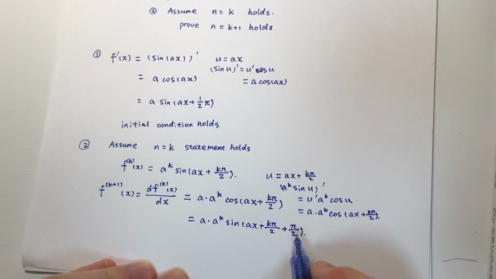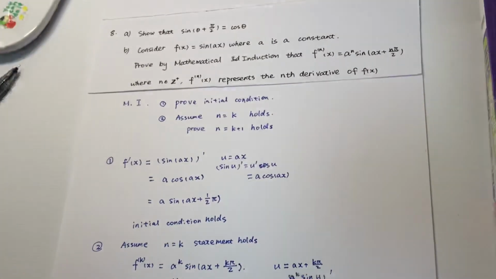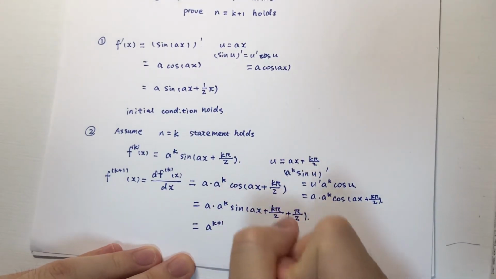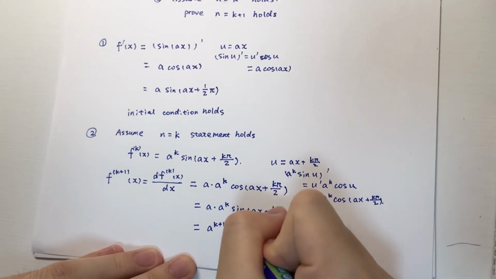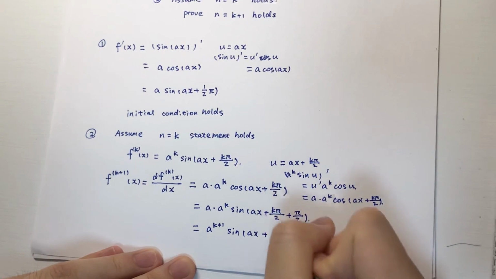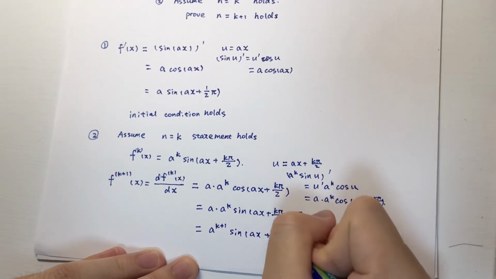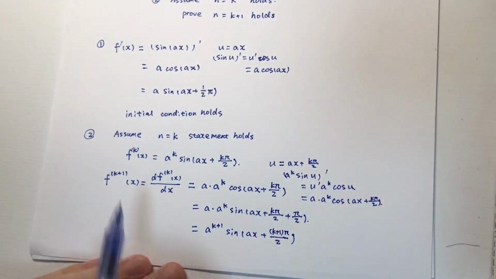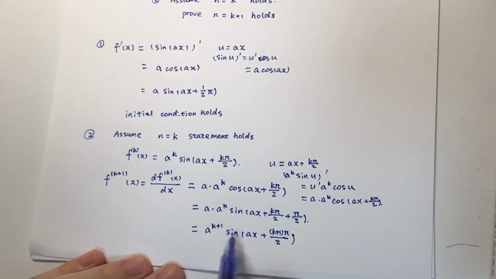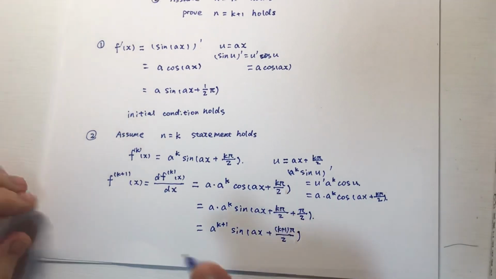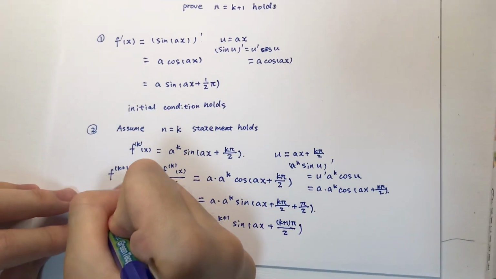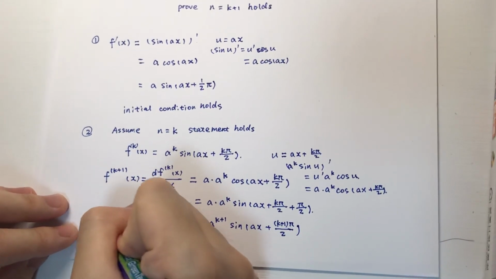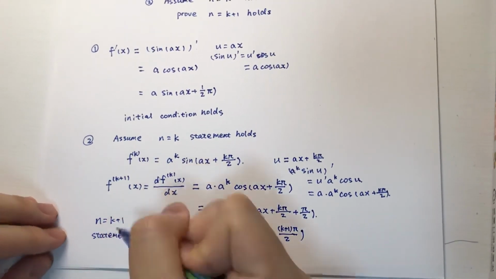So we use the conclusion of the a part and simplify it, equals a^(k+1) sin(ax + (k+1)π/2). So now here is k plus 1, here is k plus 1, here is also k plus 1. So when n equals k plus 1, the statement still holds.